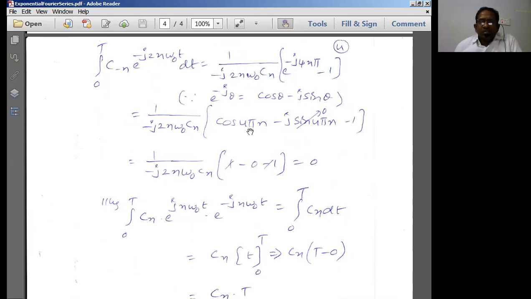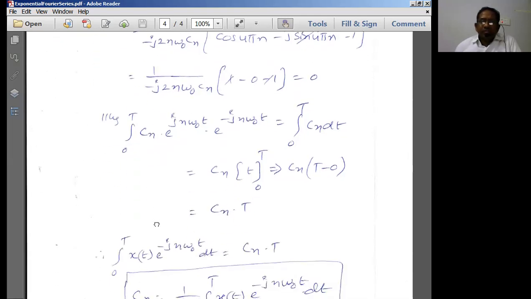So I can write this as cos 4 pi n minus j sin 4 pi n minus 1. Cos 2 pi, cos 4 pi, all these are 1. Sin 2 pi, sin 4 pi, sin 6 pi, all these are zeros. Therefore, I can replace this as 1 minus 1, so 1 and minus 1 are going to get cancelled. I will be getting 0. So the last harmonic in the series is also equal to 0.